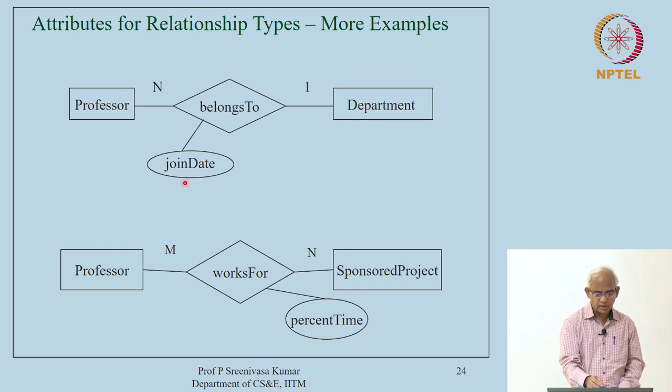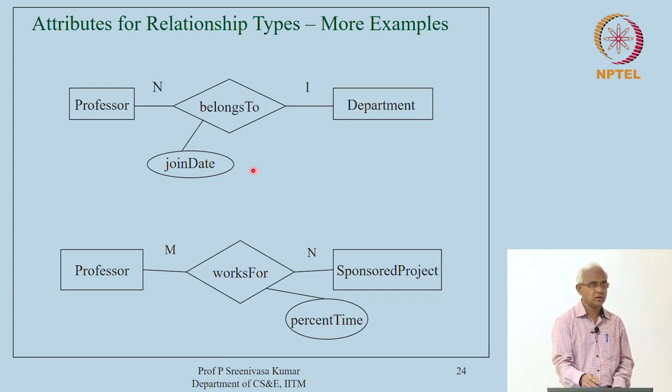If you observe a little keenly here, since each professor belongs to exactly one department, maybe it is possible to migrate this attribute to the professor, but we could as well associate it with the relationship. It cannot be migrated to the department, obviously.